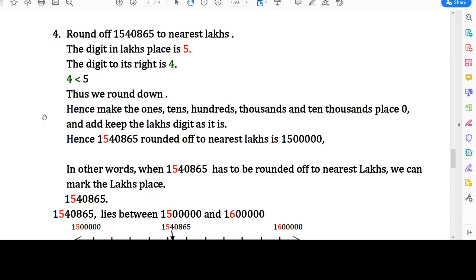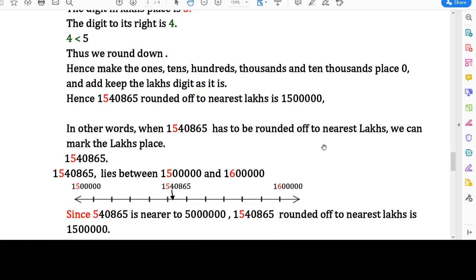When we are rounding down, the digits after 5, that is 2, 3, 4, 5, all these digits will reduce to 0. All the digits in the ones place, tens place, hundreds place, thousands place and 10,000 place will become 0, and we keep the digits in the lakhs and 10 lakhs place as they are. Hence 15 lakh 40,865 rounded off to nearest lakhs is 15 lakhs.